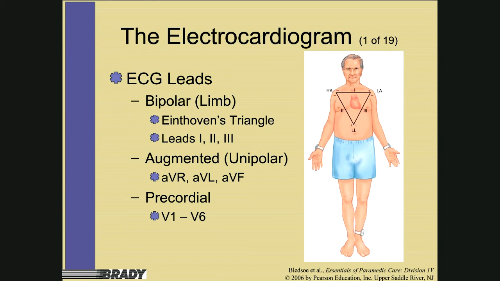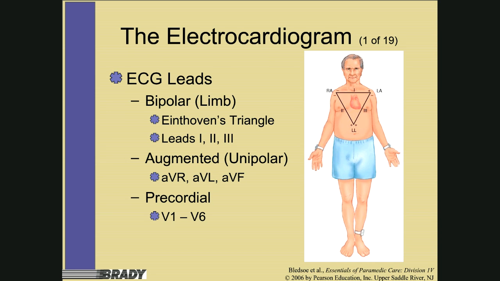4 electrodes, right? Even though it can be 4 or 5. When you go in the hospital, you'll tend to see 5 electrodes more than 4, and the 5th electrode is the apex electrode.